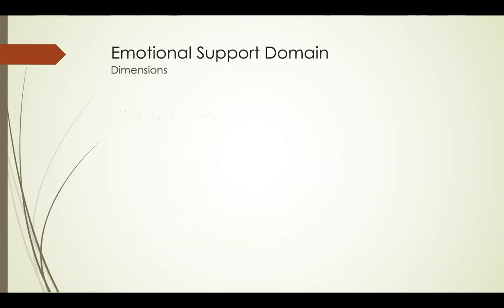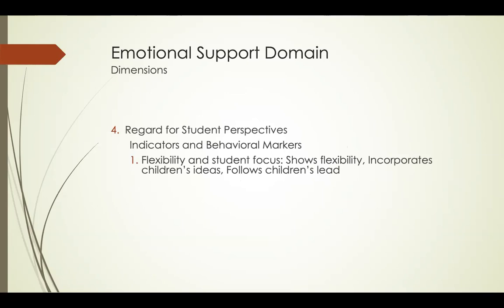Okay, and then the final one after teacher sensitivity is regard for student perspectives. So with this one, what we are looking at is, are you being flexible with your plans? Are you being child focused? And there are many choices for them, that you're not just giving them really one thing to do.